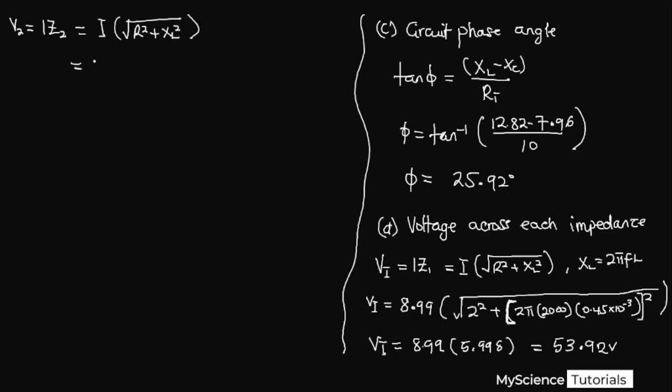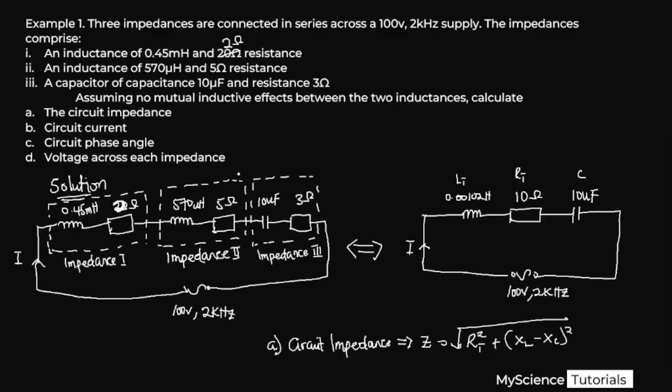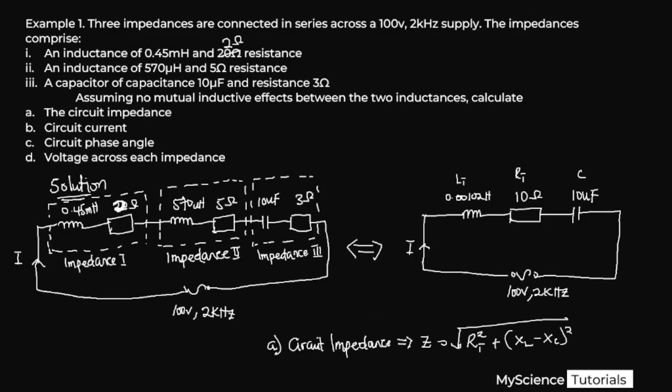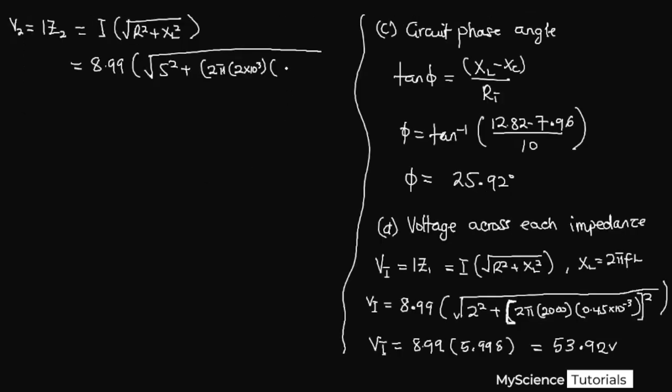Now our current is the same, so we have 8.99 multiplied by the root of our resistance, which in this case is 5 ohms, so we have 5 squared plus our inductive reactance, which is 2 pi F, the frequency, which is 2 times 10 raised to the power 3, times L, the inductance, which is 570 microhenry, so 570 times 10 raised to the power negative 6.